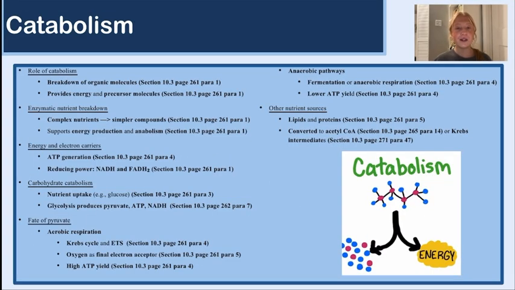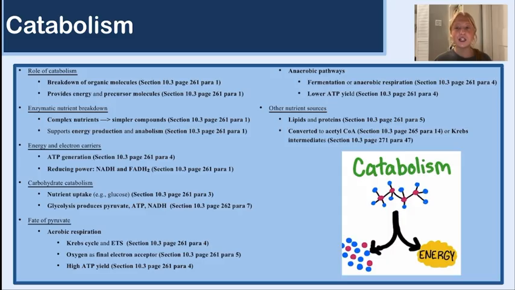So now I'm going to go into catabolism. Catabolism is the portion of metabolism that's responsible for breaking down organic molecules to obtain both energy and precursor molecules that are needed to help the cell function. So they use enzymes, and catabolic reactions often dismantle complex nutrients, which are usually obtained from the environment.